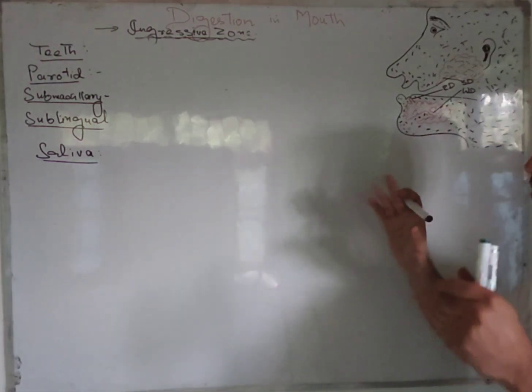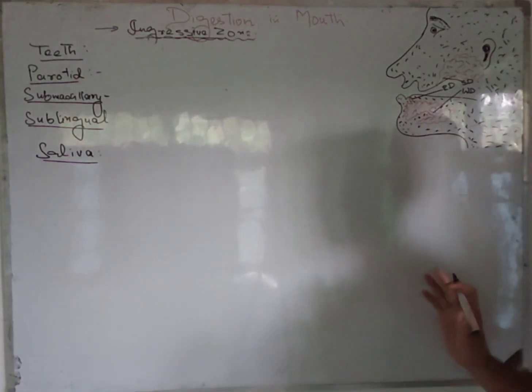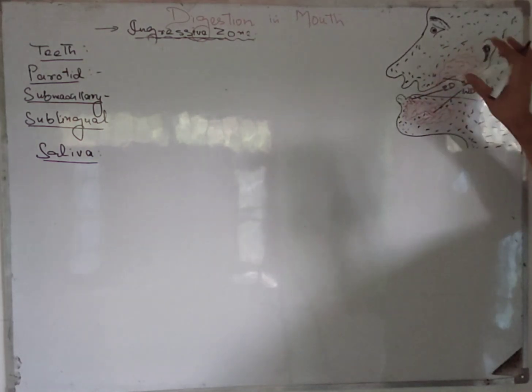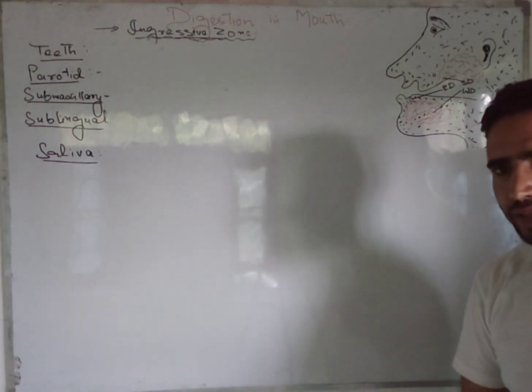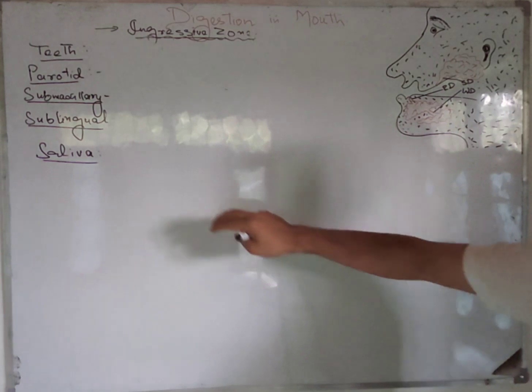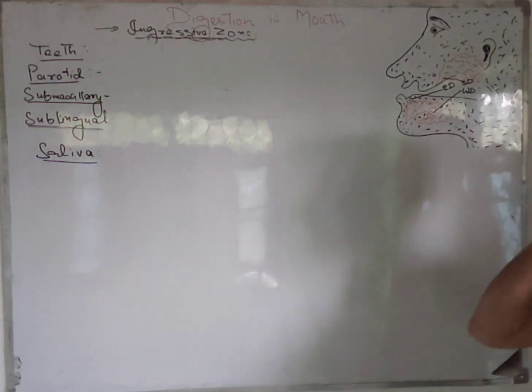So far as the process of digestion is concerned, our buccal cavity has been provided with three important types of accessory digestive glands, called the salivary glands. The first, the largest salivary gland, is known as the parotid gland, which lies just below and in front of our ears.